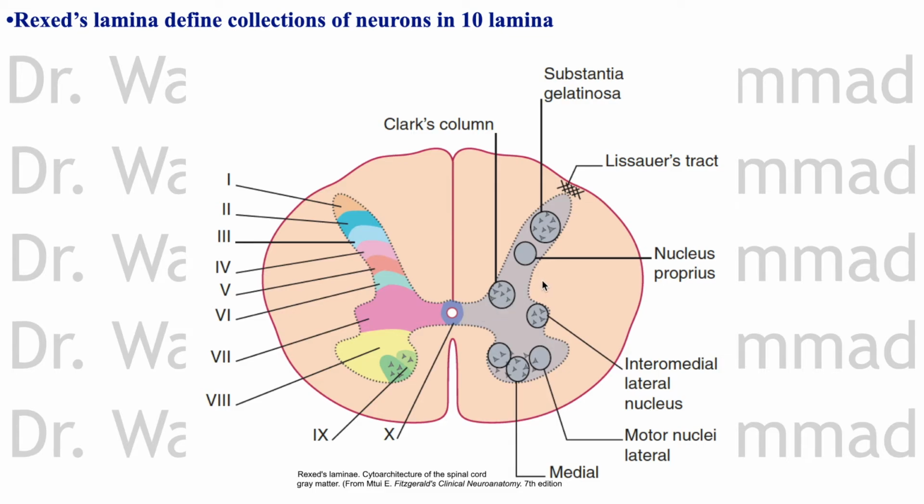And they contain different nuclei, meaning collections of cells that serve a certain purpose and give rise to certain tracts in the spinal cord. These are called the laminae of Rexed.